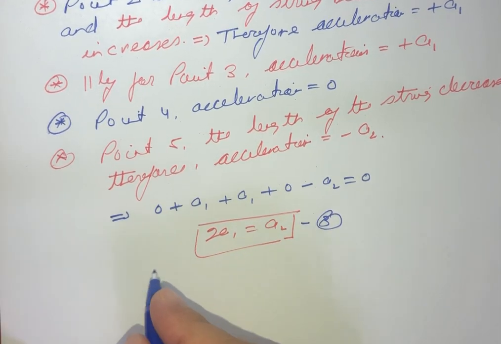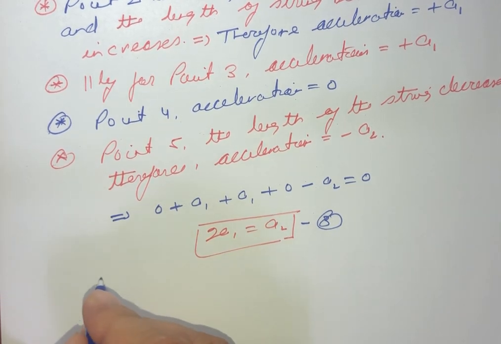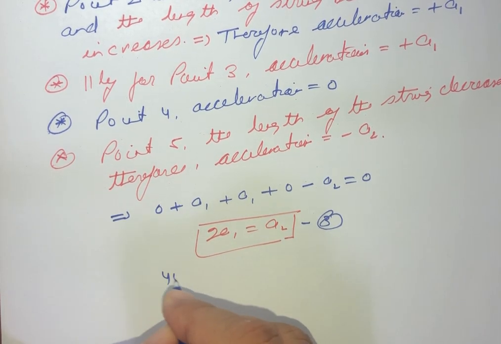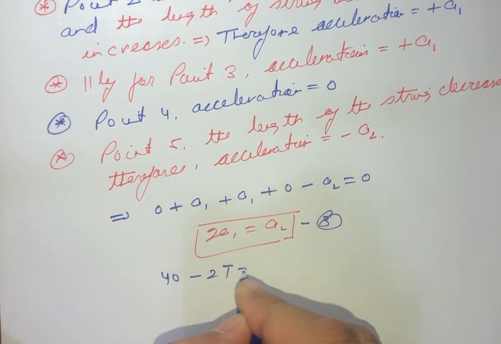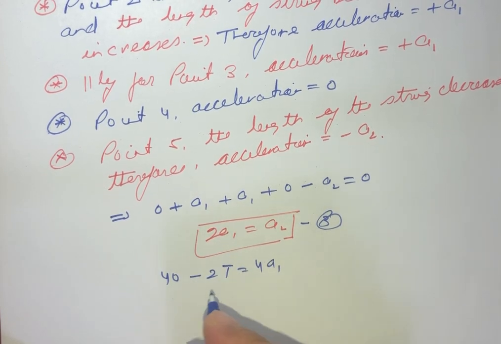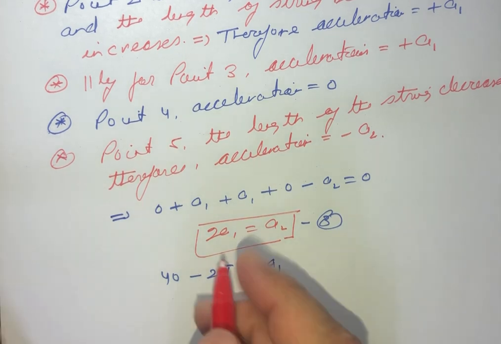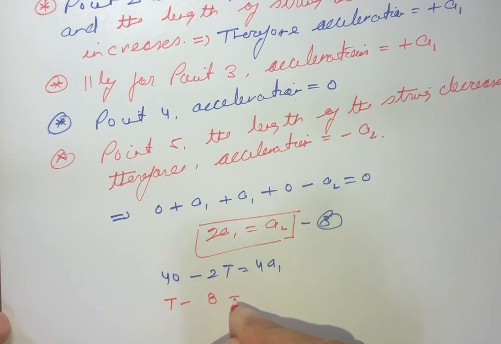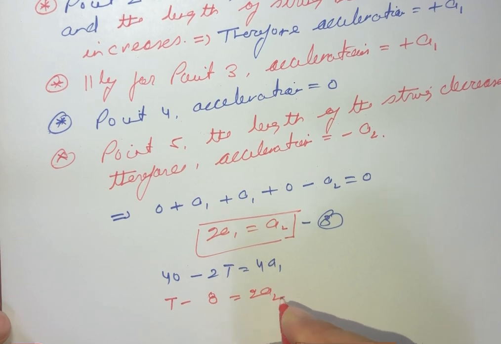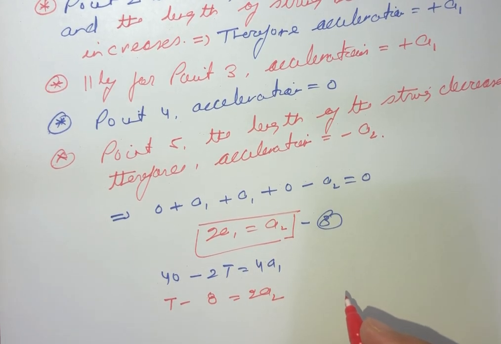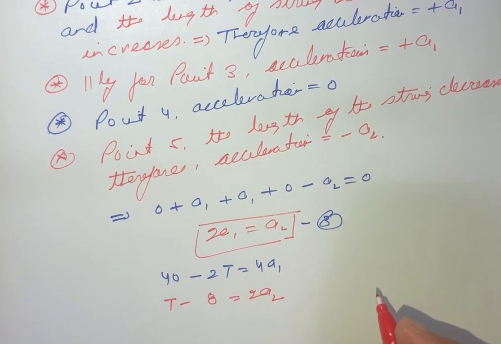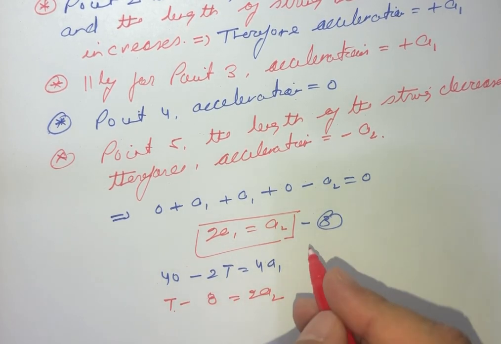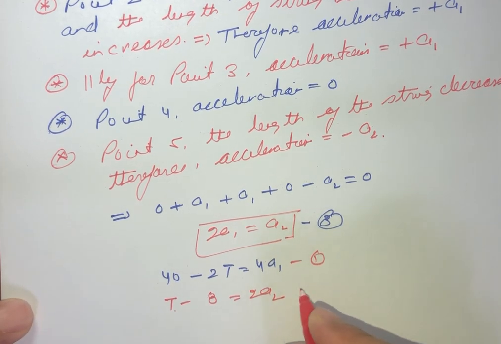So let me write all the equations here once again. We have 40 minus 2T is equal to 4a1, and we have T minus 8 is equal to 2a2. So what we do, we substitute value of T from, this was our equation 1 and this was equation 2.